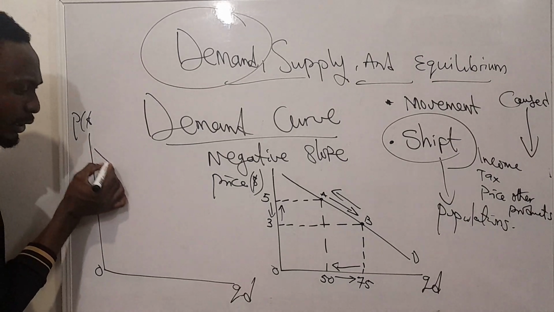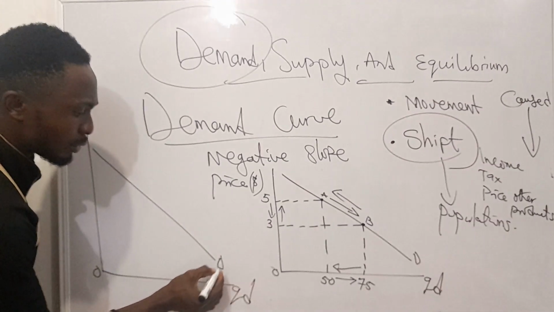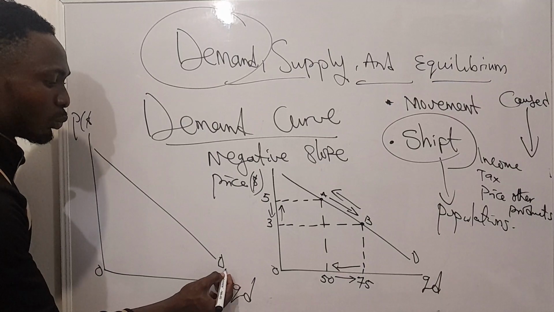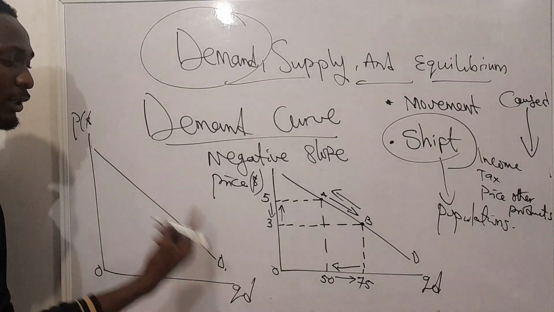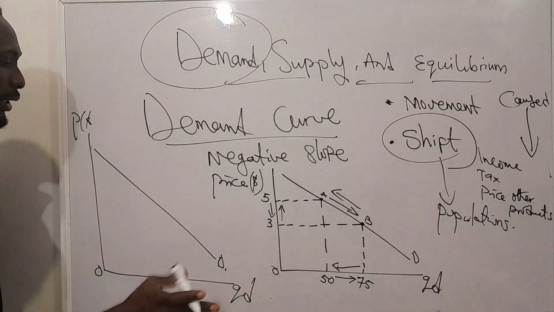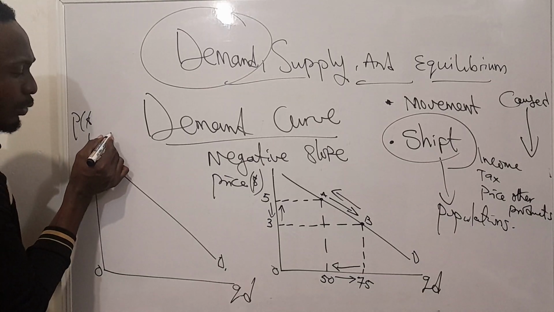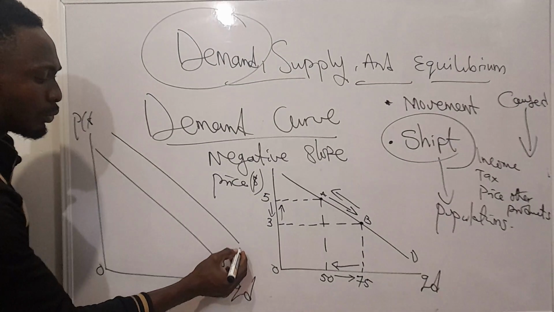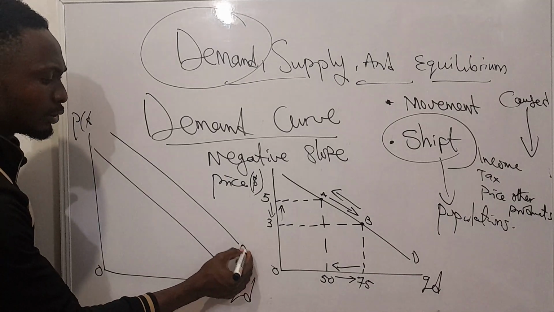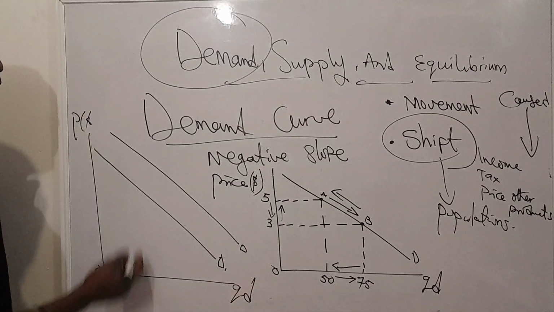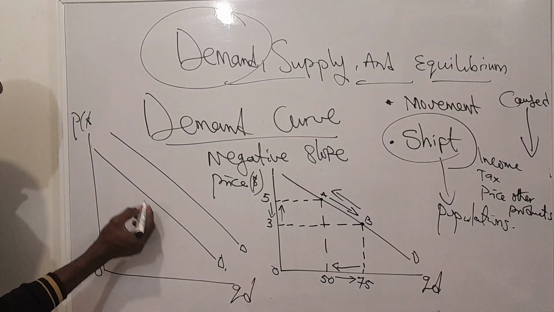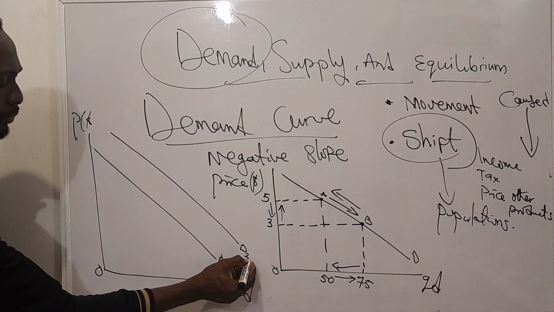So we have a particular demand curve drawn, and we can signify it by calling it D1. Okay, we can use numbers or we can use letters, depending on what you want to make use of. And then you draw another one known as what? D2. Okay, we can draw a third one, but let's end with this.